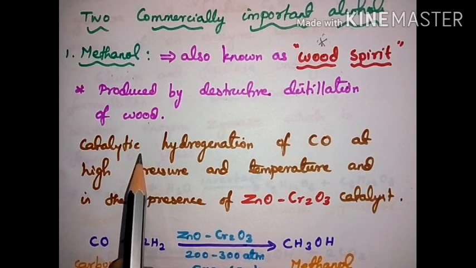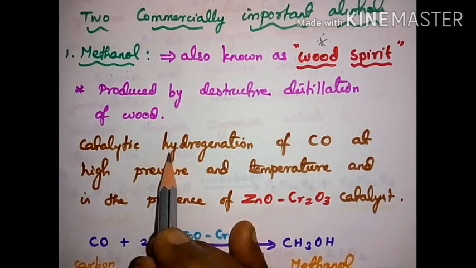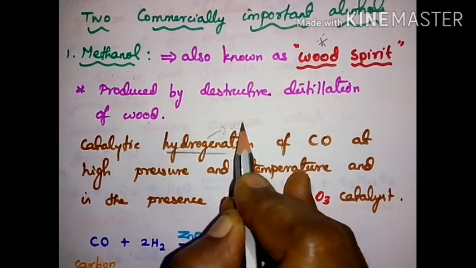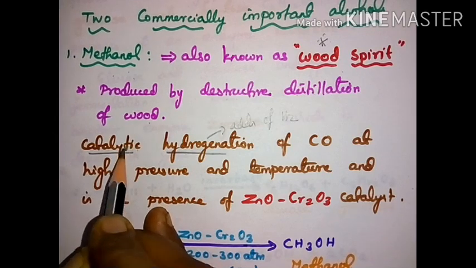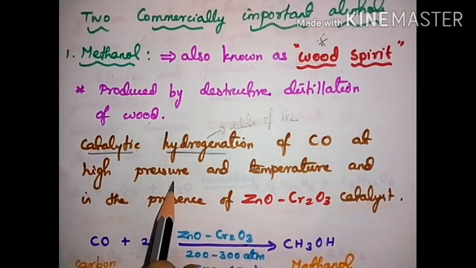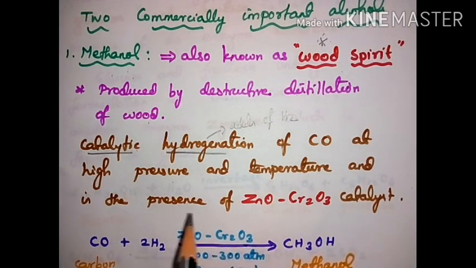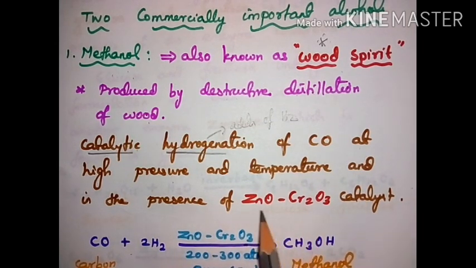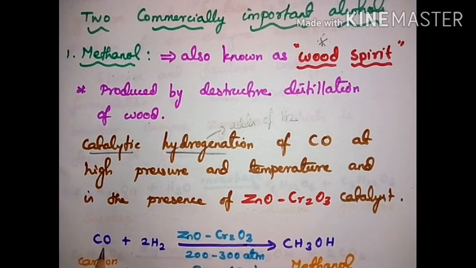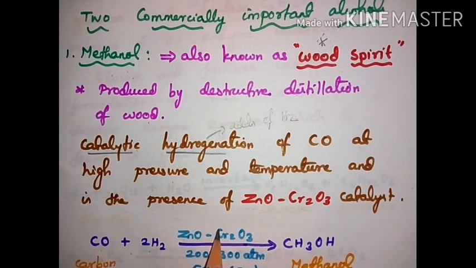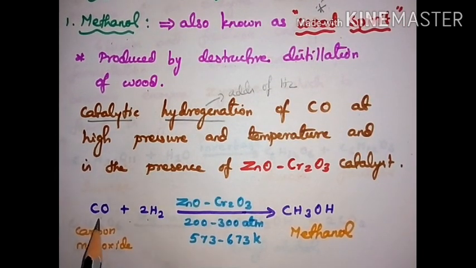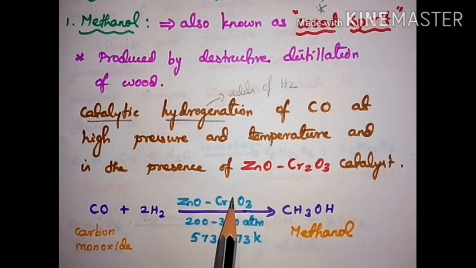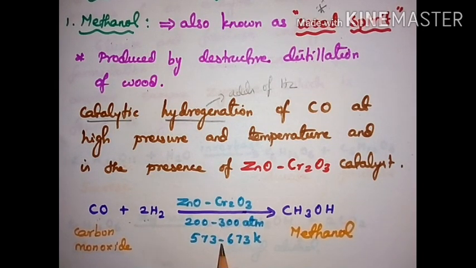Now chemically it is prepared by catalytic hydrogenation. Hydrogenation means addition of hydrogen. Carbon monoxide with hydrogen in the presence of catalyst ZnO-Cr2O3, at high pressure and temperature.